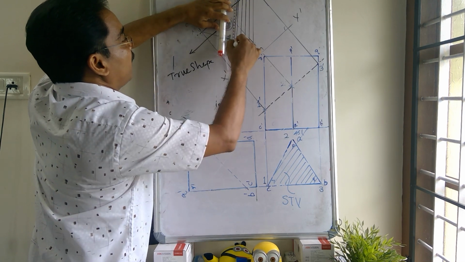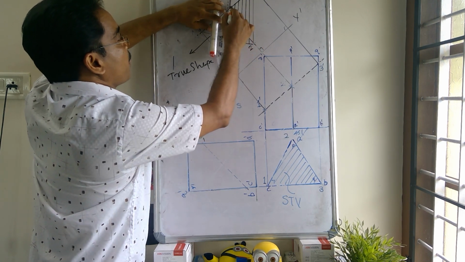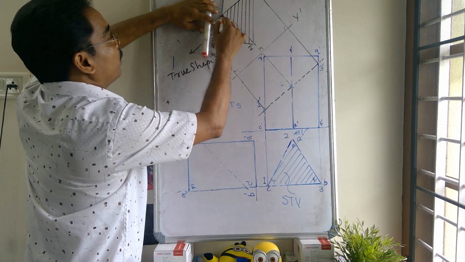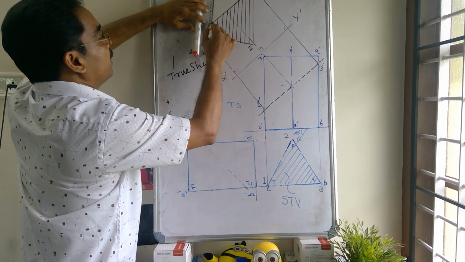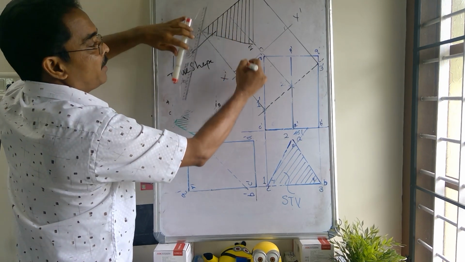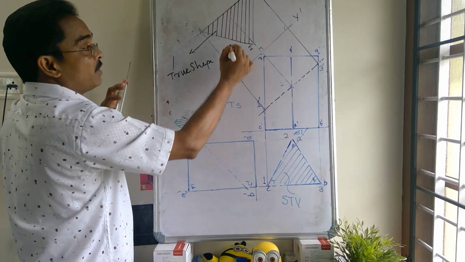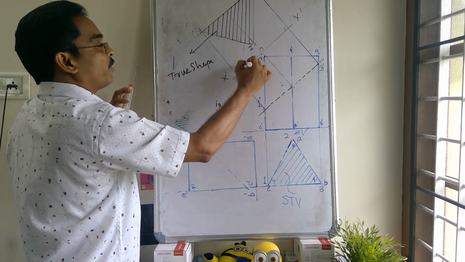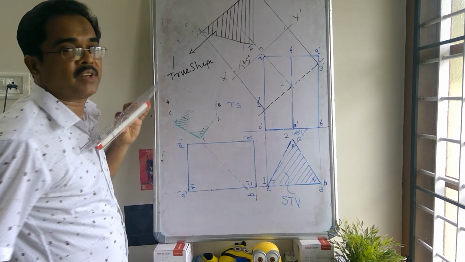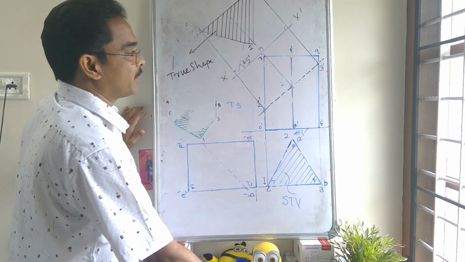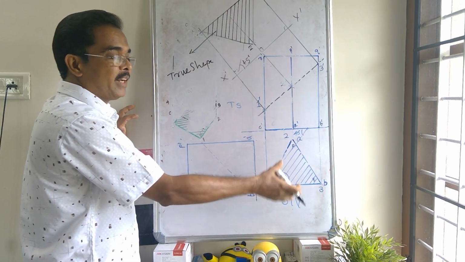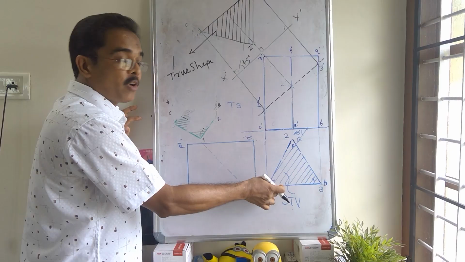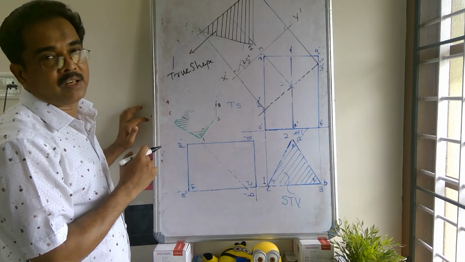These hatched lines will be at an angle of 45 degrees to the nearest reference line. In this case, this is your reference line, so the angle should be 45 degrees to this reference line. Okay, so this is the way in which you'll be getting the sectional front view, sectional top view, and true shape of the cut solid.